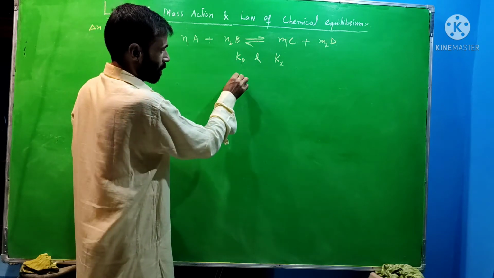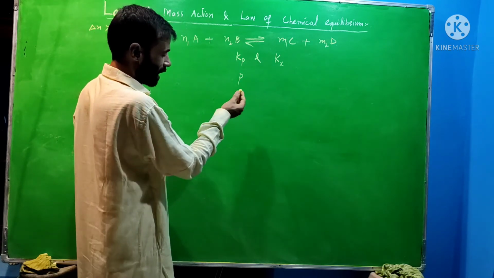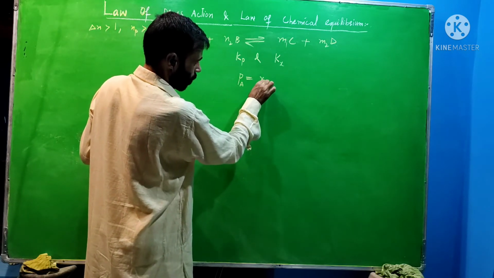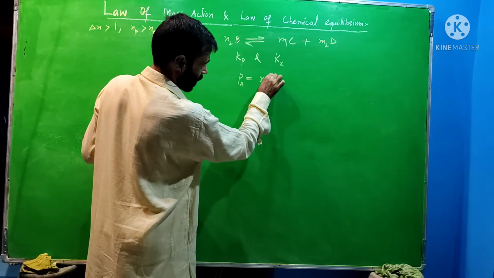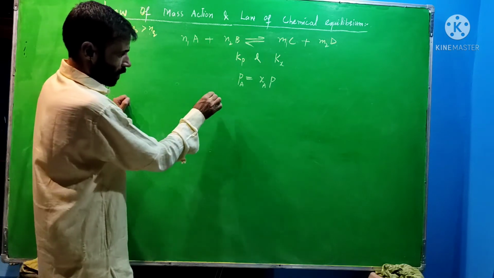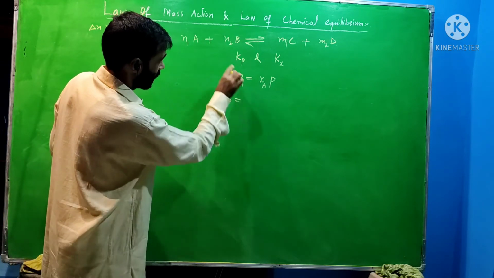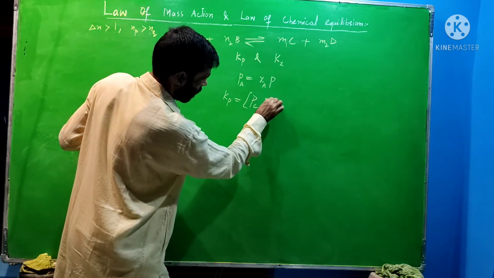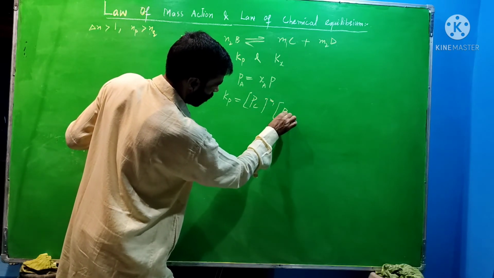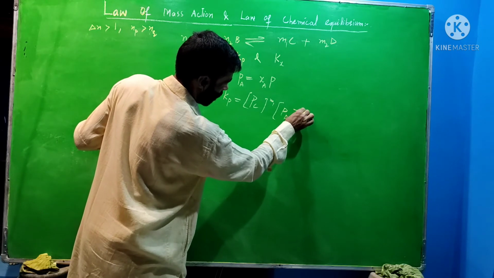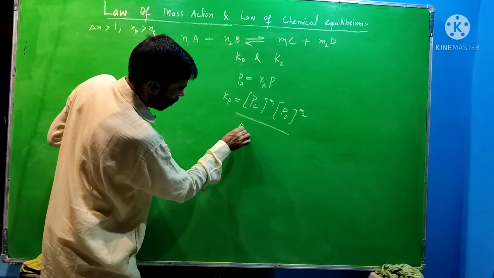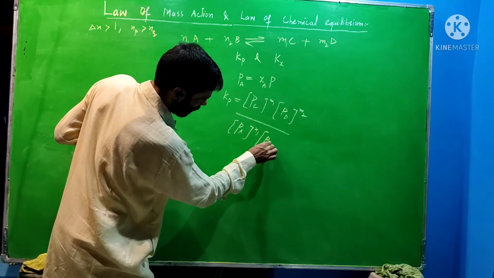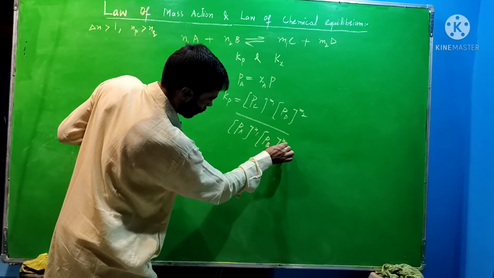We know the partial pressure of any component within a mixture is equal to its mole fraction times the total pressure. For example, for component A it is the mole fraction of A multiplied by total pressure P. Now we know Kp for this reaction is equal to Pc raised to m1, Pd raised to m2, divided by Pa raised to n1 and Pb raised to n2.